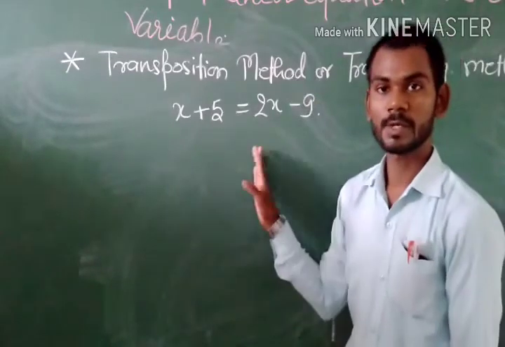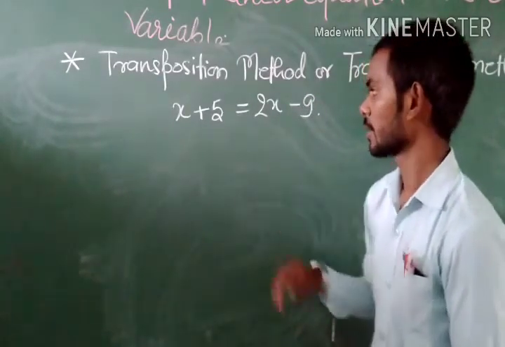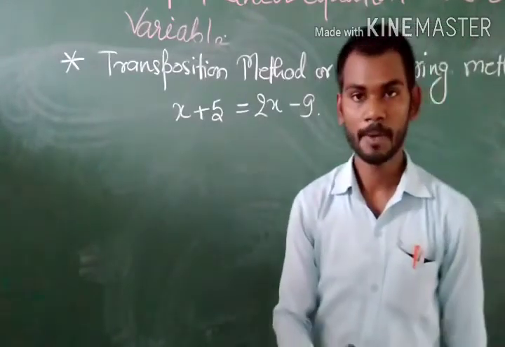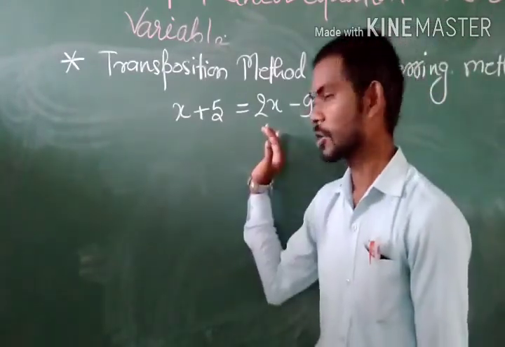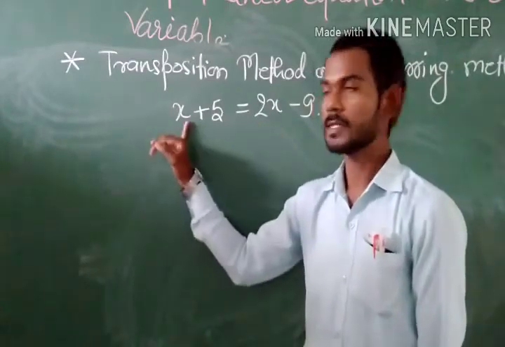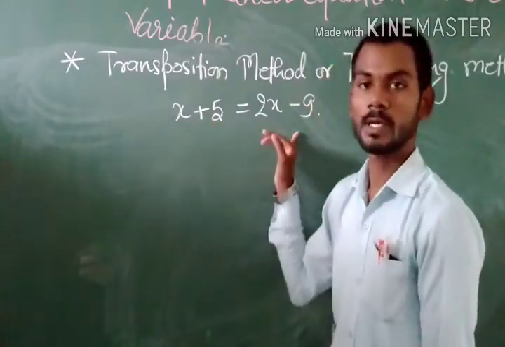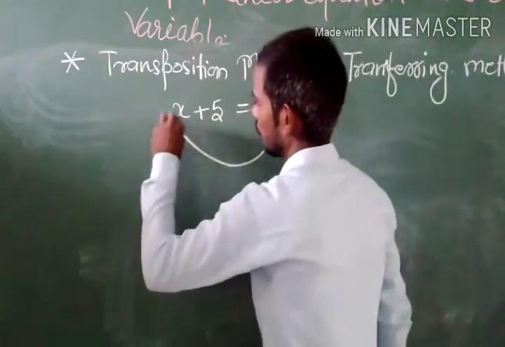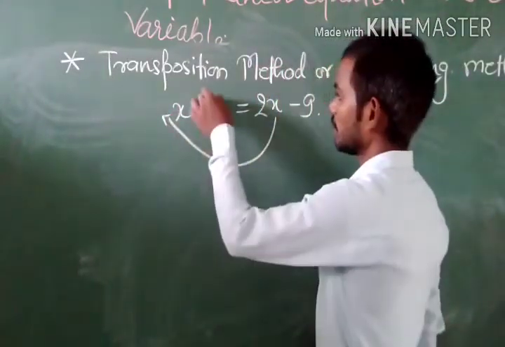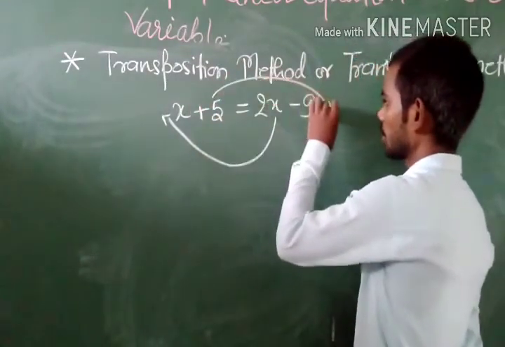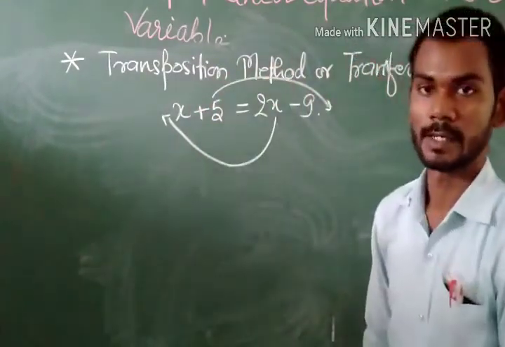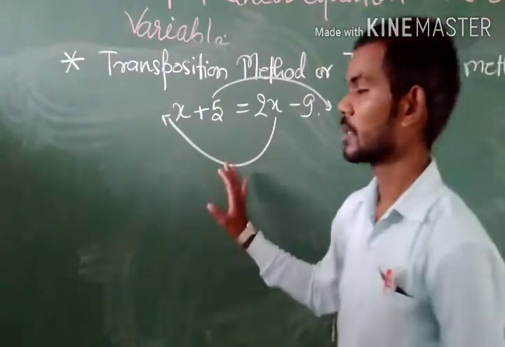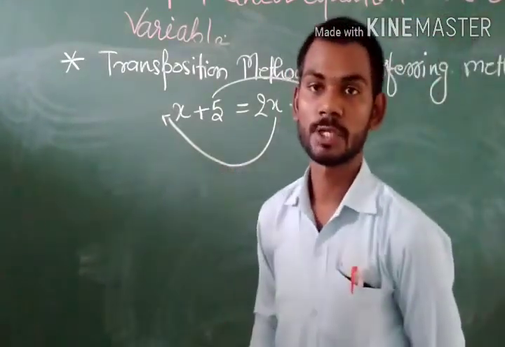This is a linear equation in one variable. Here we have to transfer the algebraic term, that is the literal or variable term, to one side and the constant term to the other side. That is, we transfer 2x to the left hand side and transfer 5 to the right hand side. Then this method is called the transferring method or transposition method.